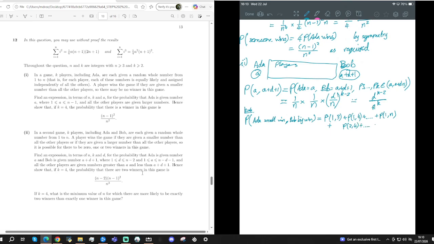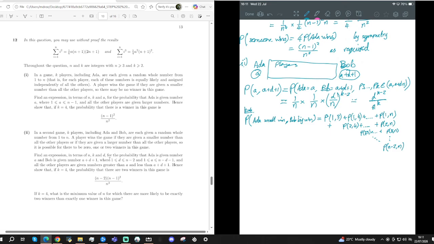Bob can't pick 3 because there's no space for all the other players to fit in between. Up to 2, n. Plus 3, 5, all the way up to 3, n. And then the final one would be n minus 2 for Ada and n for Bob. So you've got basically a big triangle of possible combinations.